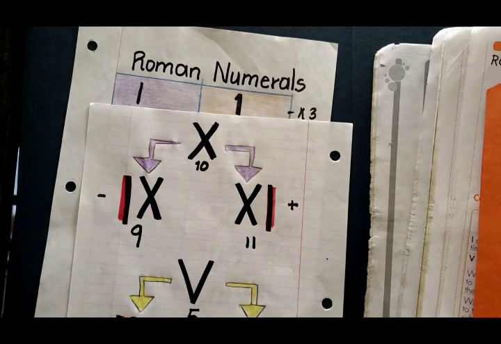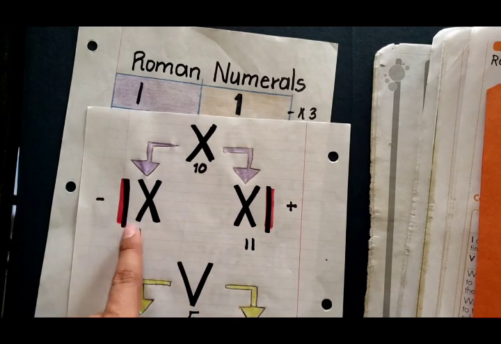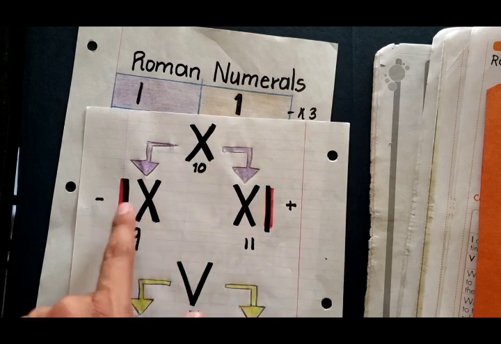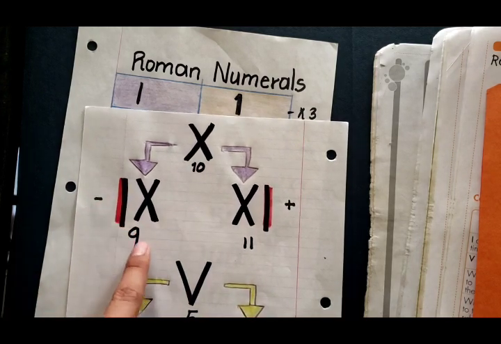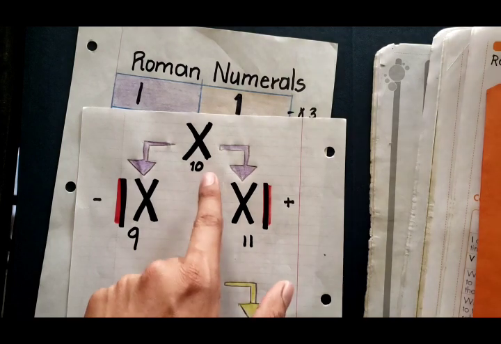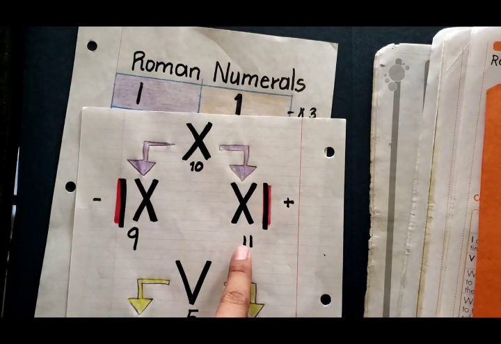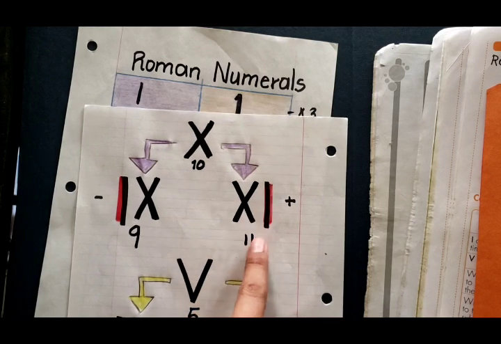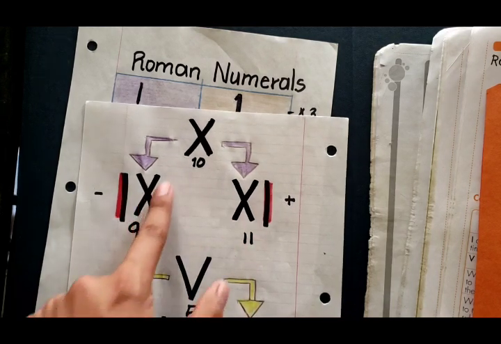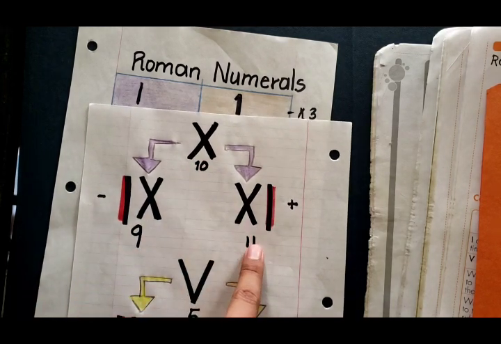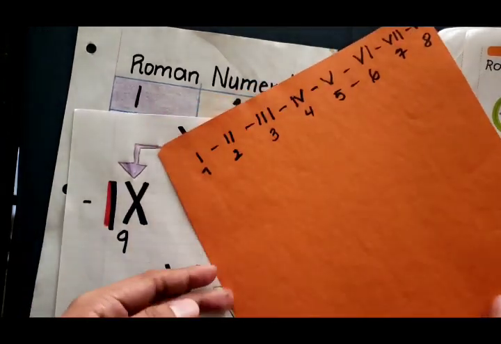And it's the same. If you put the line before the X, which is 10, it means minus. 10 minus 1 is 9. If you put the line after, it means plus. So you add it. 10 plus 1, 11. So 9, 10, 11. Let's see.